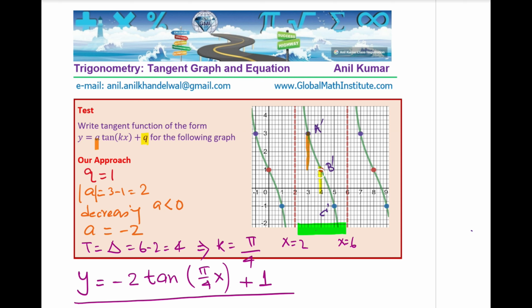Now with vertical translation, it moves up or down, and that gives you the value for q. The vertical stretch factor can be calculated by finding the difference of y values between a dash and b dash, as given in this particular solution. So with that in mind, I hope it is absolutely clear how we find the equation of a tangent graph.